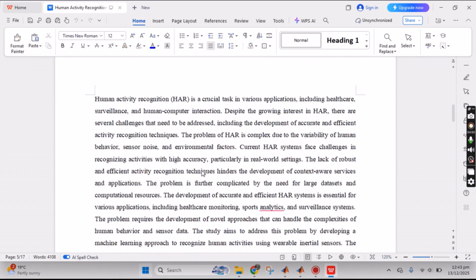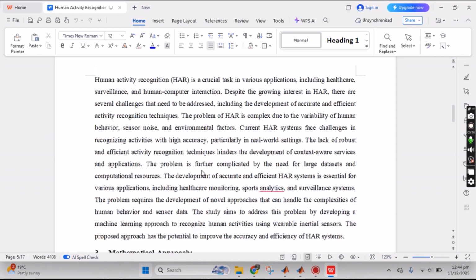So this is the problem statement. Despite the growing interest in HAR, there are several challenges to be addressed, including the development of accurate and efficient activity recognition techniques. The problem of HAR is complex due to variability of human behavior, sensor noise, and environmental factors as well.